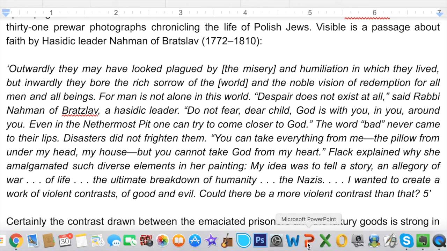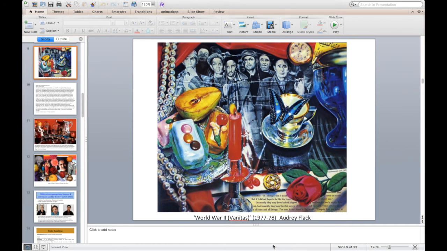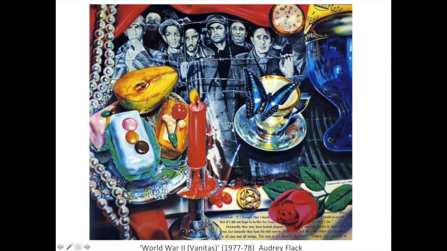If we quickly look again at that painting, we see these incredibly beautiful contrasts between this luscious fruit and the pastries just here alongside her choice to keep the image black and white. But at the same time, this incredible contrast does not block out the hope that these people have.